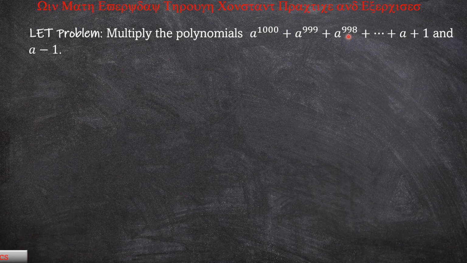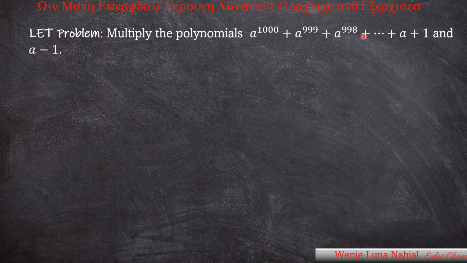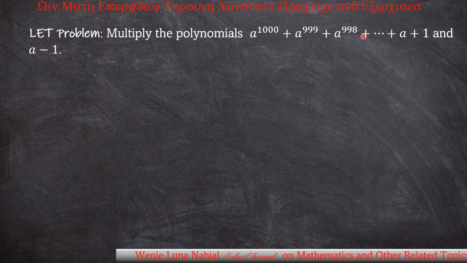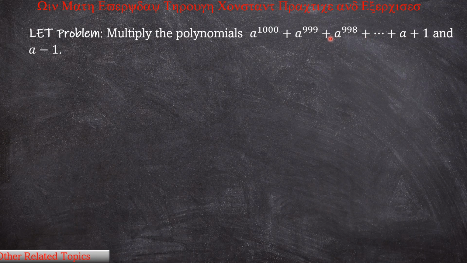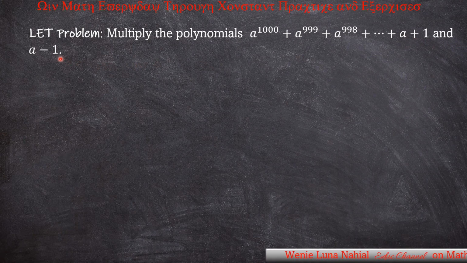That means after a raised to 998, we have plus a raised to 997 plus a raised to 996 plus a raised to 995. So we do not write them anymore. We just show that there is this pattern, and the 3 dots represent up to plus a, then plus 1. And we have a minus 1.